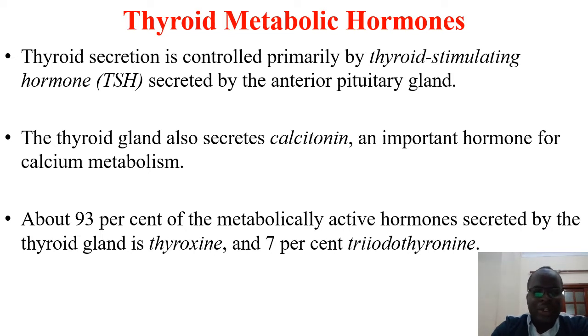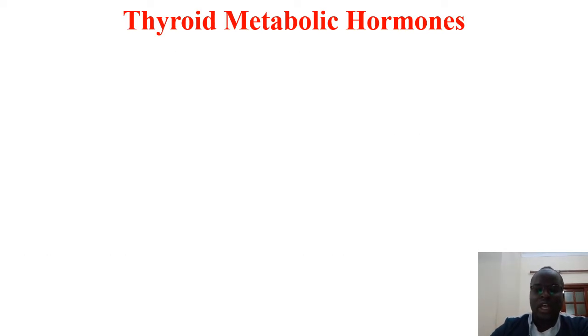About 93% of metabolically active hormones secreted by the thyroid gland is thyroxine, and 7% is triiodothyronine. So the thyroid gland is producing about 90 to 93% thyroxine. Then the 7 to 10% is triiodothyronine. It simply means that the thyroid gland is producing more thyroxine as compared to triiodothyronine.